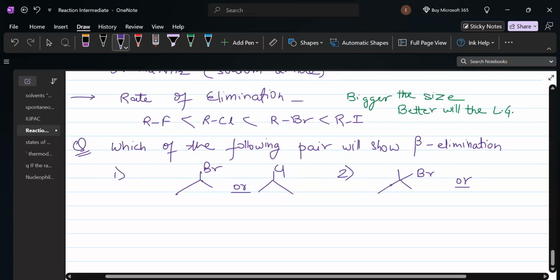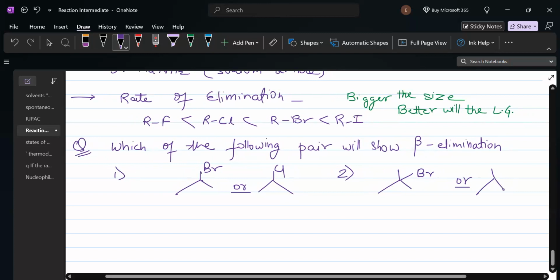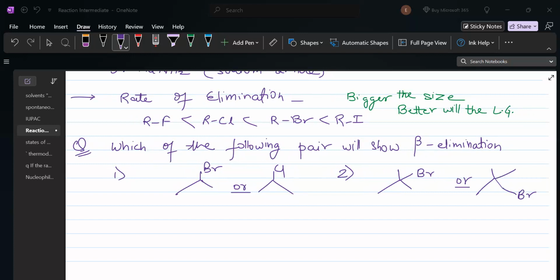Try to solve this. Have you written the question?